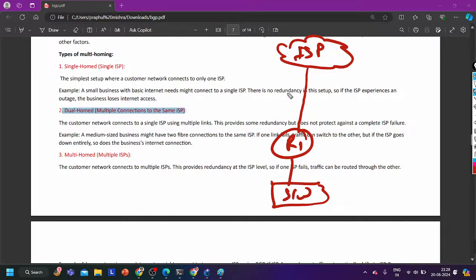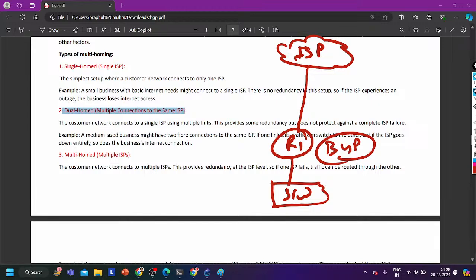In the dual home network, what will we do? We will add one more cable here. Now tell me, in the single home design, should I configure BGP here, guys, on the router? Should I configure BGP? And see, not all routers are even going to support BGP. Like right now, I am expecting you all have a broadband router at your home, right, through which you are accessing the internet. Am I right?